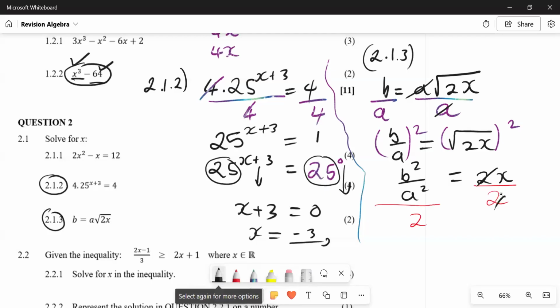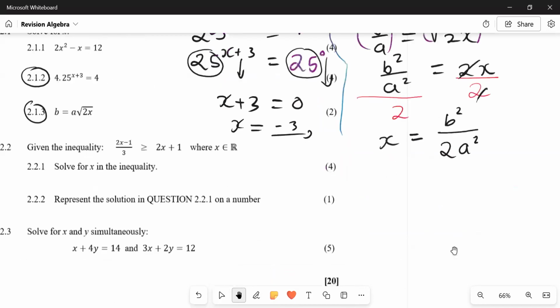And then now your x is equal to b squared divided by 2a squared. And then, yeah, that's our answer, right?